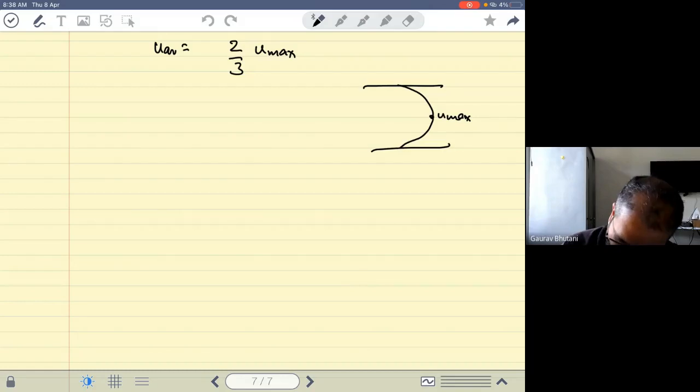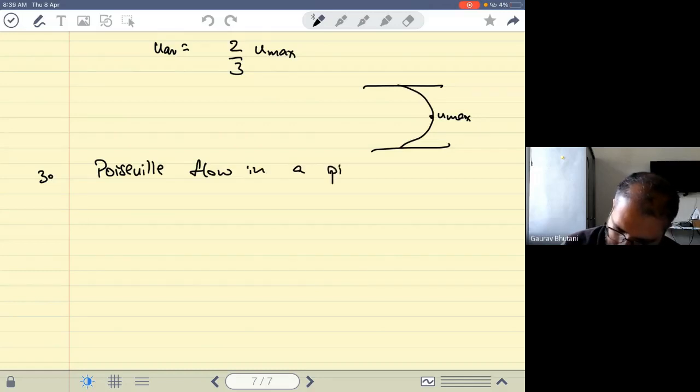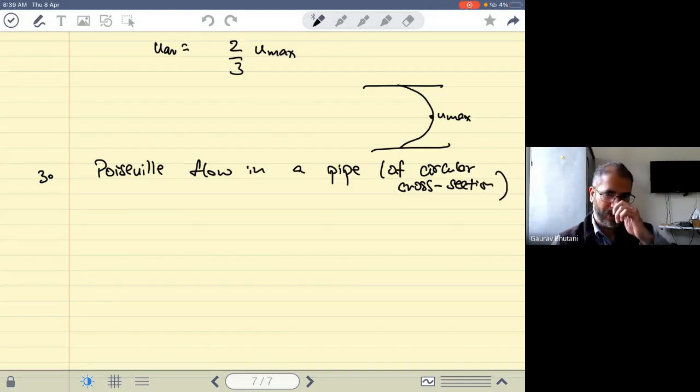So we'll call it problem number 3: Poiseuille flow in a pipe of circular cross section.